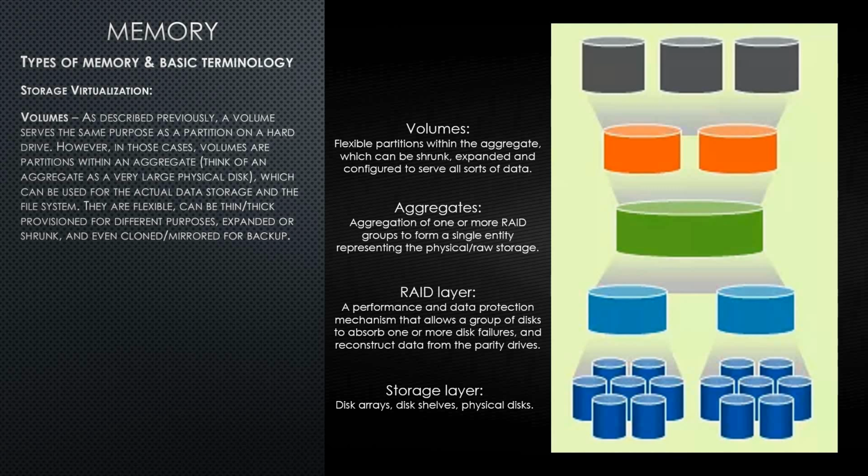The file system itself will be created on the volume. So they're flexible and they can be modified, thin or thick provisioned for different purposes. They can be expanded or shrunk or even cloned or mirrored for backup. So on the volume layer, we have flexible partitions within the aggregate, which can be shrunk, expanded, and configured to serve all sorts of data.